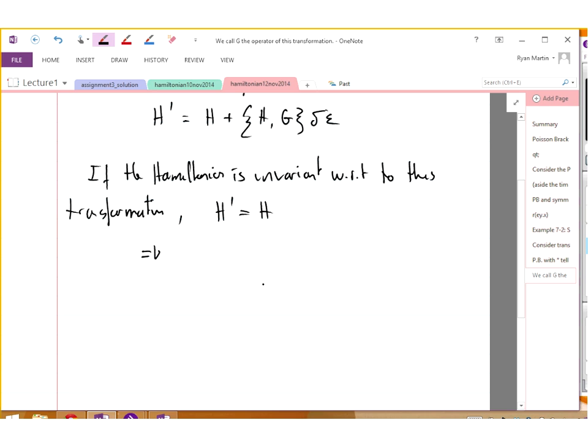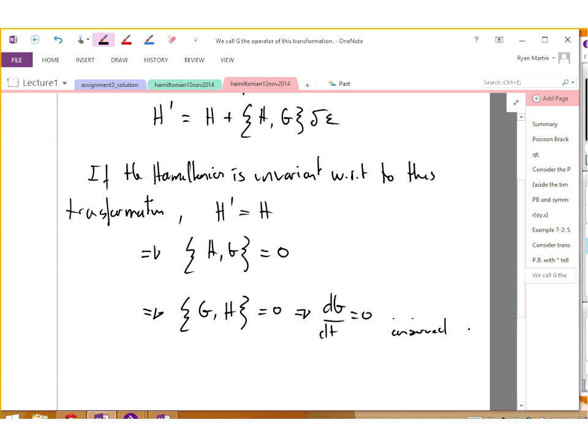So if H prime is equal to H, that means the commutator of H with G is equal to 0. But that also means that the commutator of G with H is equal to 0, because these are negative of each other. What that means is that dg by dt equals 0, and G is conserved.